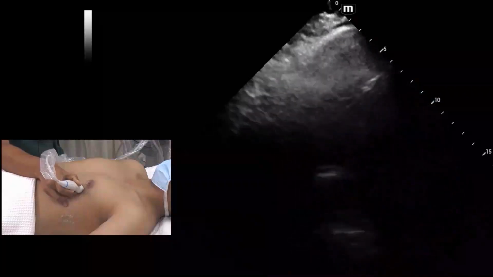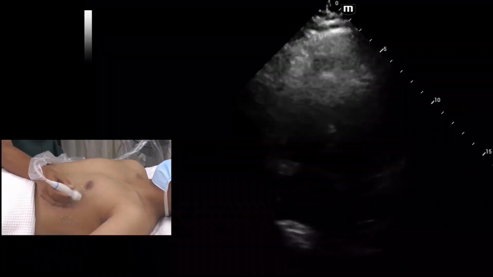Those are the three things. This is the apical four-chamber view.